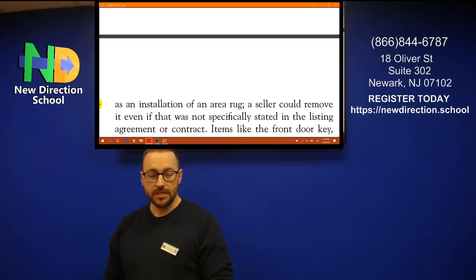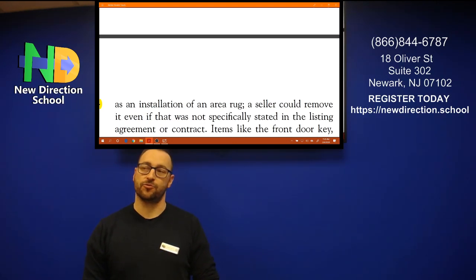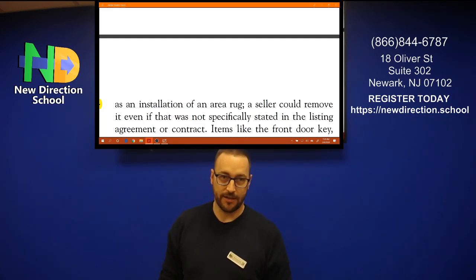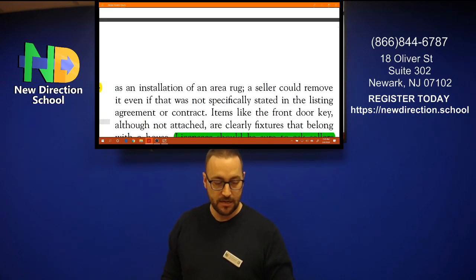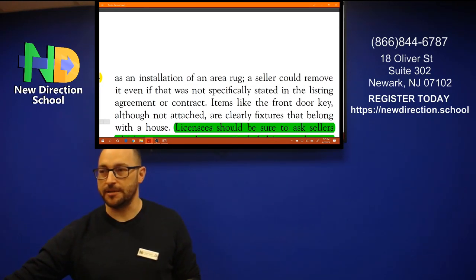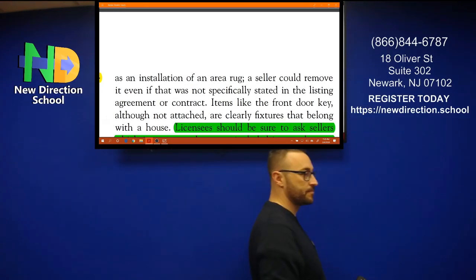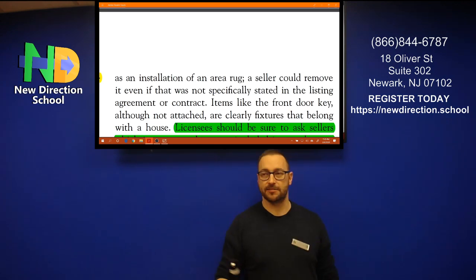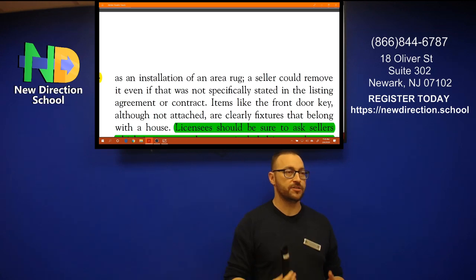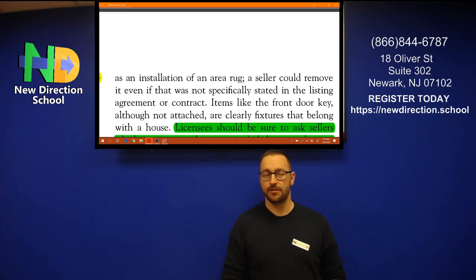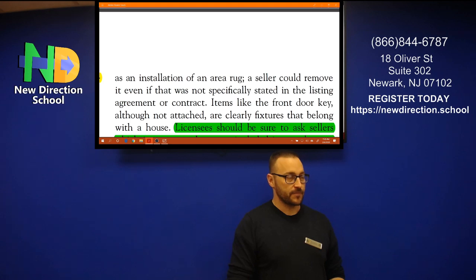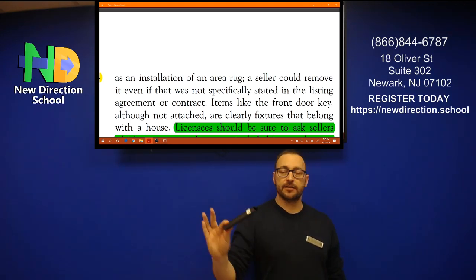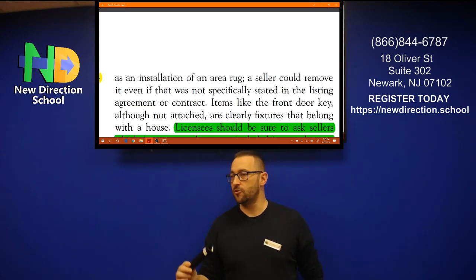So the other question is items like a front door key. I don't have keys here, so I cannot use it. But let's imagine this is a key. It's not a key, it's for the TV, but it works. The same concept. Front door key. Although this is movable, it's not attached, this could be considered a fixture, and also real estate.